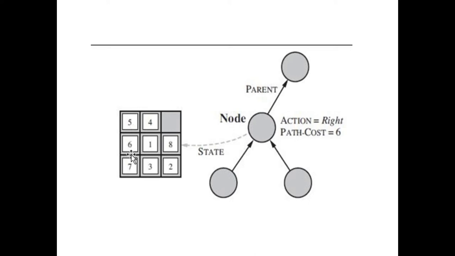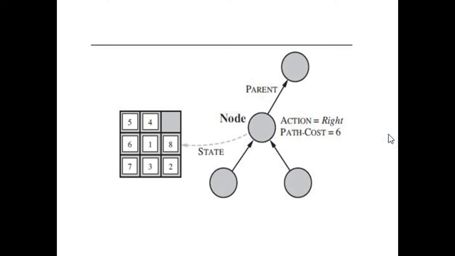So this is a state. As we discussed in our 8 puzzle problem, there are many different states. This state can be represented as a node. If this is a node, these are the actions, and when we apply an action, it will generate a child node. And there is also a concept of tree.